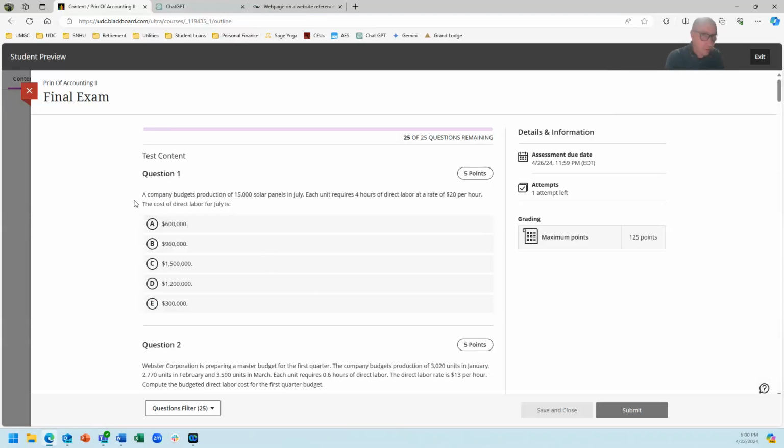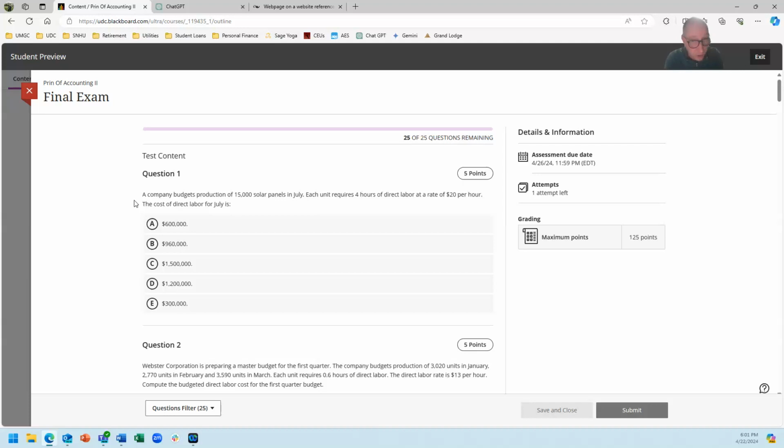You'll notice question 1 says a company budgets production. So we're talking about the production budget. 15,000 units in July. Each unit requires 4 hours of direct labor at a rate of $20 per hour. The cost of direct labor for July is... This is a pretty simple math question. 15,000 units.